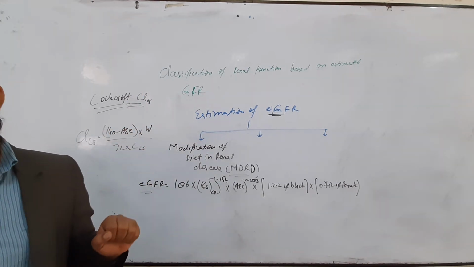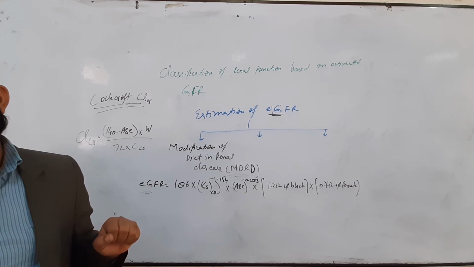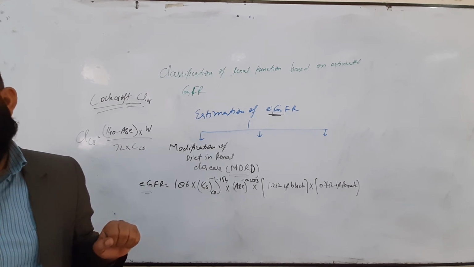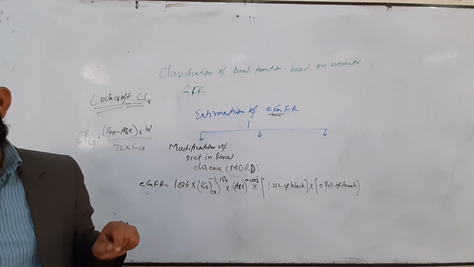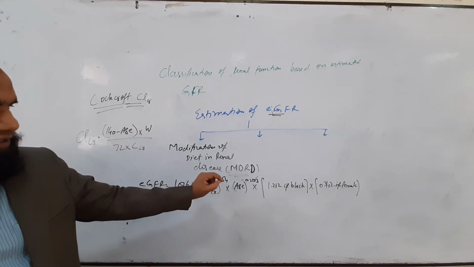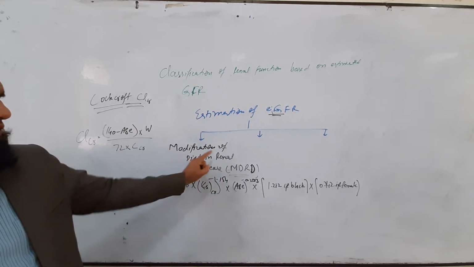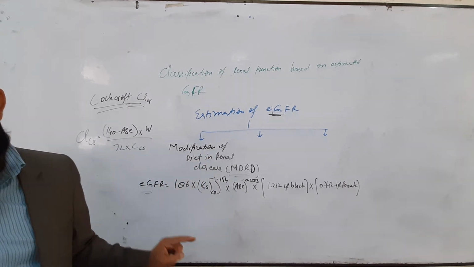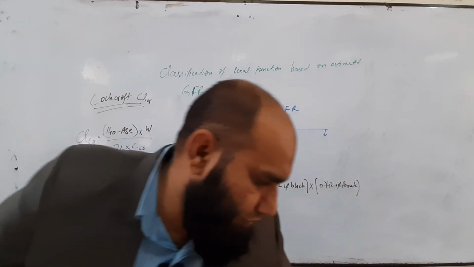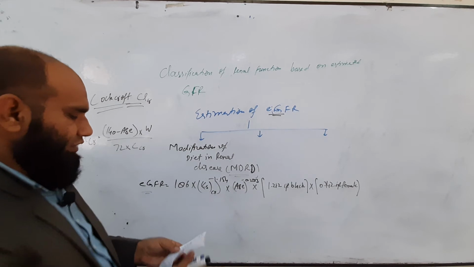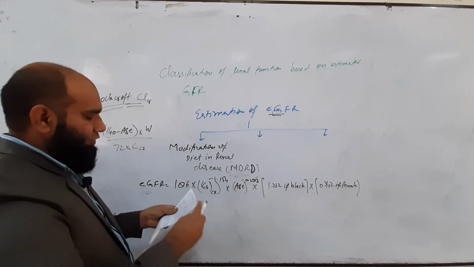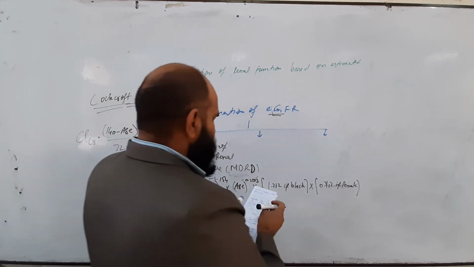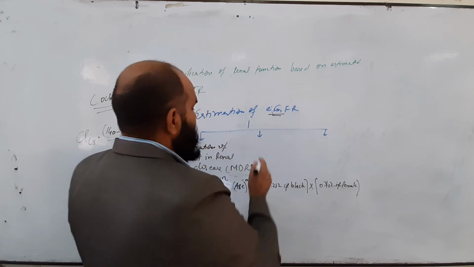Now we are discussing how we can calculate the estimated glomerular filtration rate. Among them, one method is the MDRD method, which is modification of diet in renal disease. The other approach for the estimation of glomerular filtration is the quadratic formula.